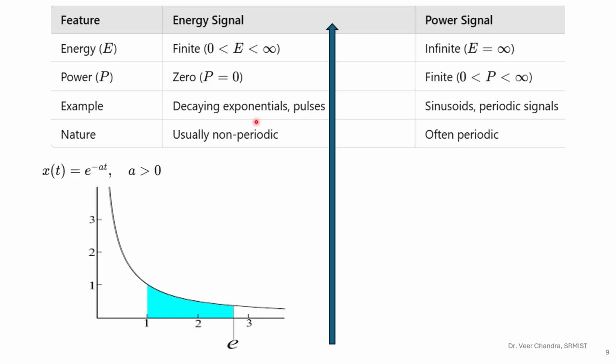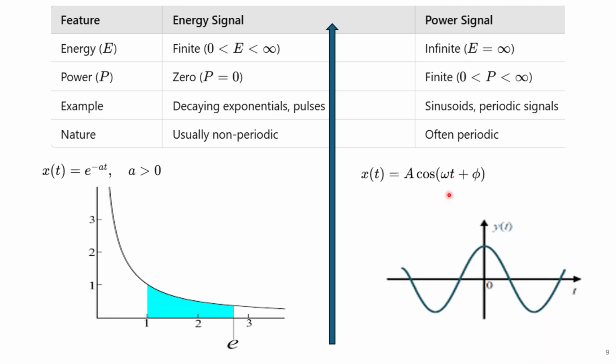An example is your decaying exponential function, which is an example of an energy signal. So you can calculate this. This will give a finite value of energy, and power is 0 because the time period is not there, right? And similarly your sinusoidal or any cosinusoidal signals are all examples of power signals. Why is it so?